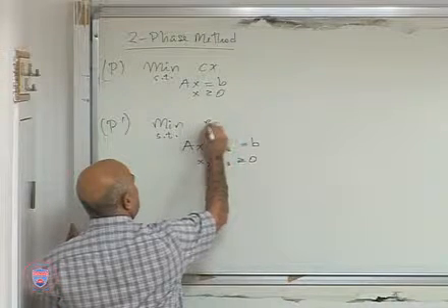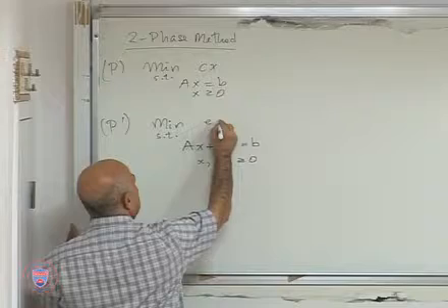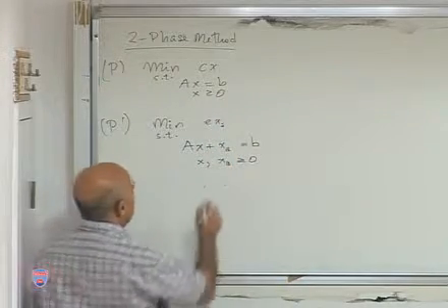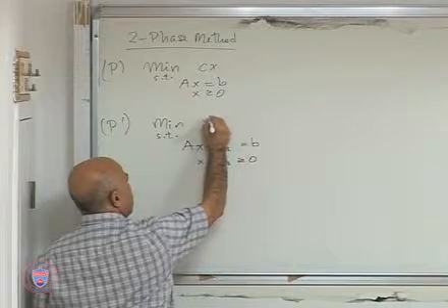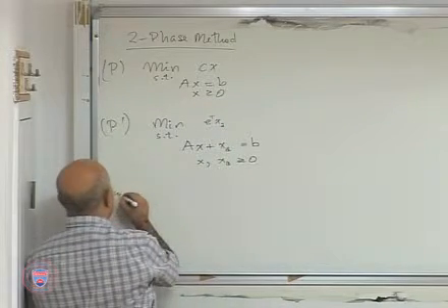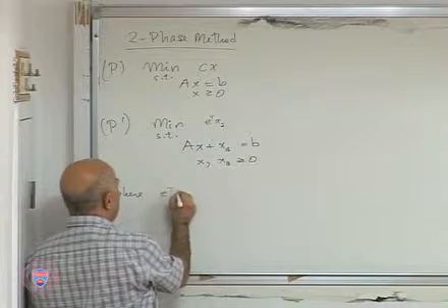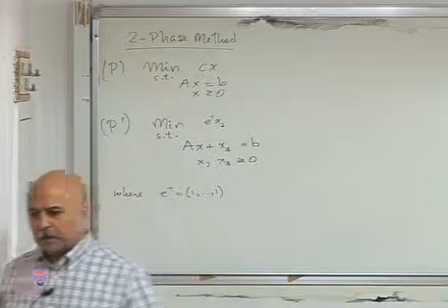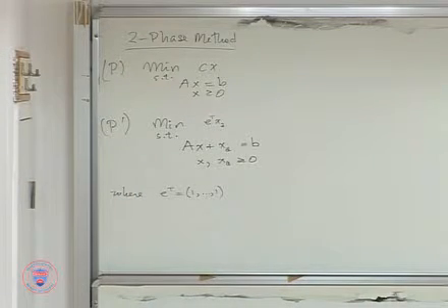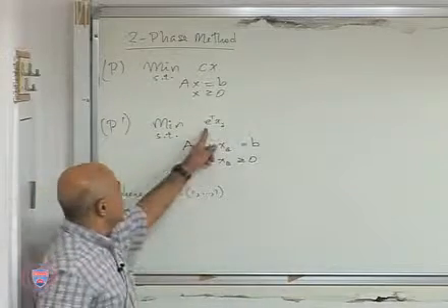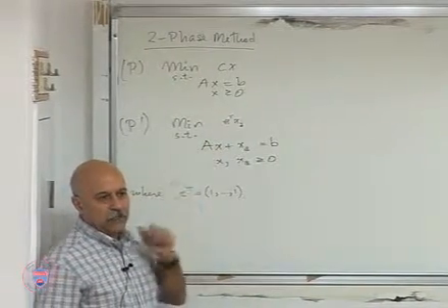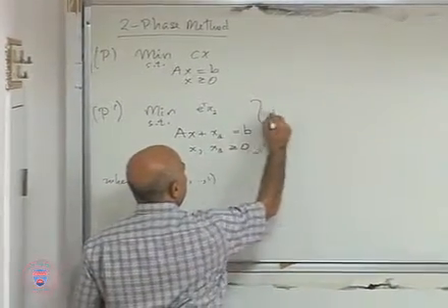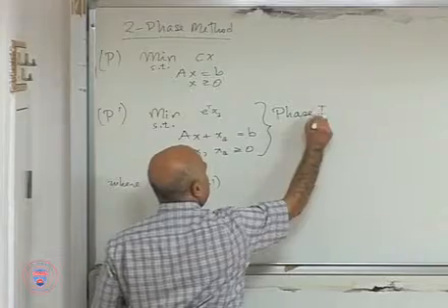In other words, E transpose xa, where E transpose is a row vector of 1s of appropriate size, so that this is simply adding up all of the artificial variables and you're trying to minimize this. This is your phase 1 problem.